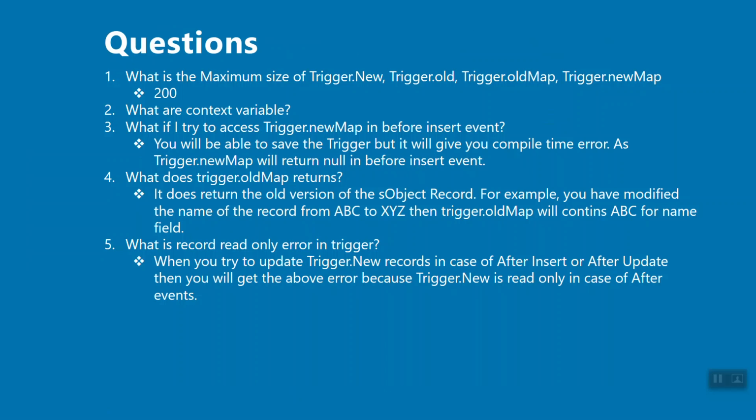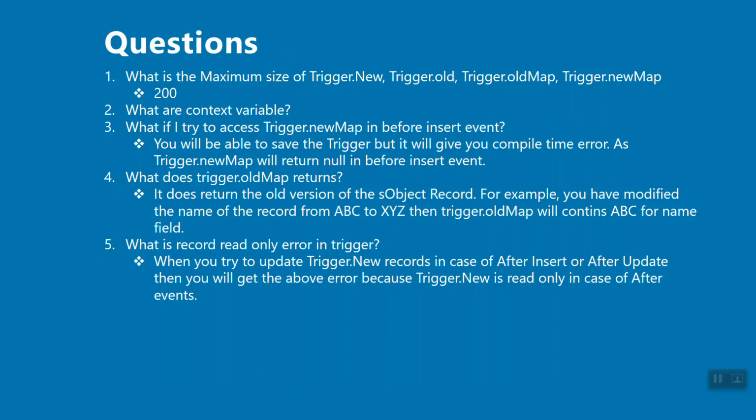The other question is, what are context variables? We already discussed that. Context variables are the variables that we can access with the notation trigger dot and then the name of the variable. Trigger is a class, and all the context variables we discussed are static variables inside that class.